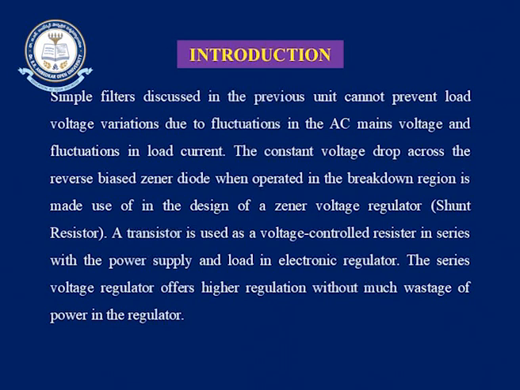This you can call a shunt regulator. A transistor is used as a voltage controlled resistor in series with the power supply and load in an electronic regulator. The series voltage regulator offers higher regulation without much wastage of power in the regulator.